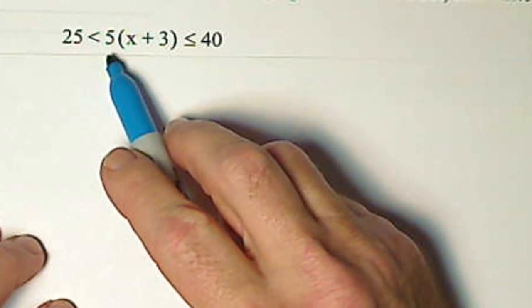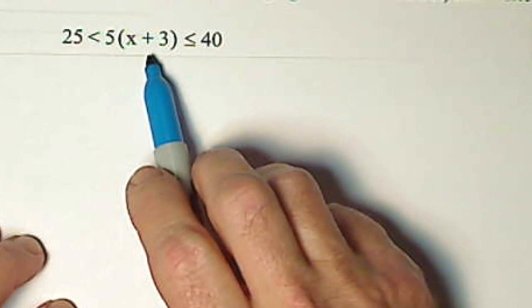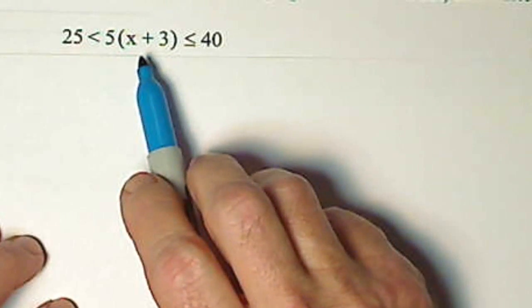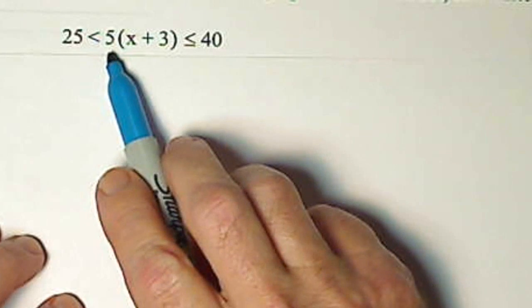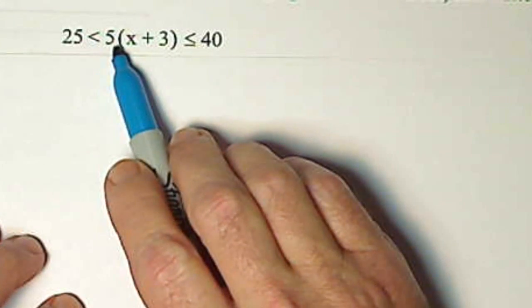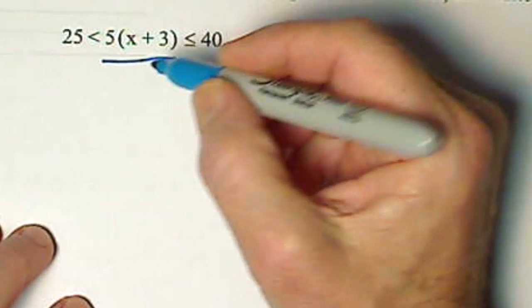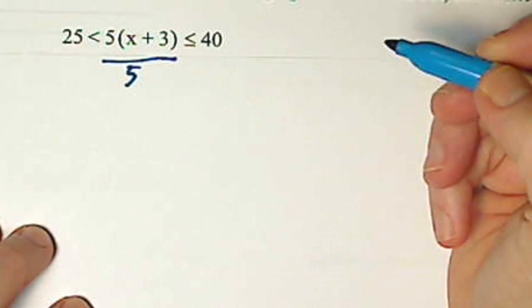Usually we get rid of things that are added or subtracted first, because in general that's easier. But in this case, the 5 is going to be easy to pluck off, so to speak. The 5 is held there by multiplication, so I'm going to get rid of it with division. So I will divide by 5.